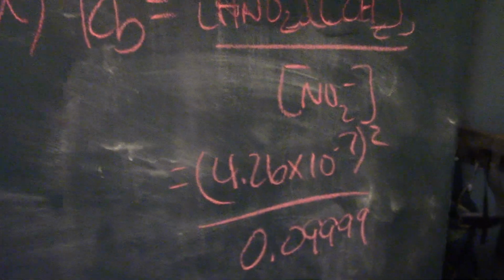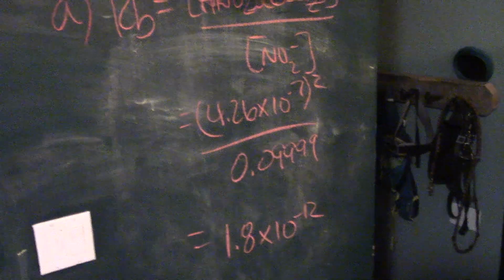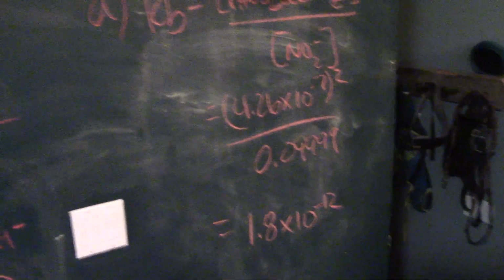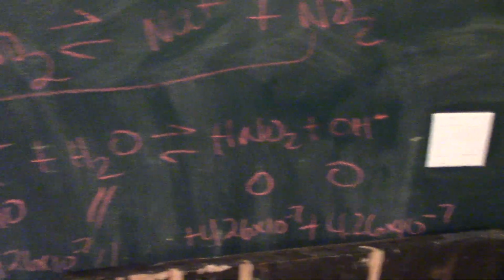So when I solve for that, my Kb is going to equal 1.8 times 10 to the negative 12. Okay, so that's Kb. Remember, I dissociated and then I created my base ionization equation.